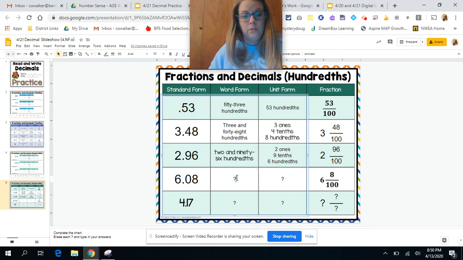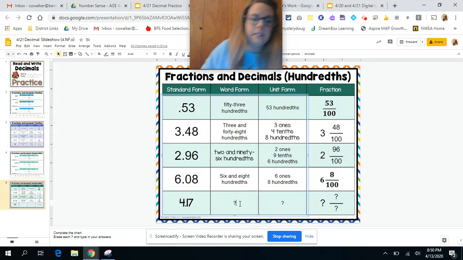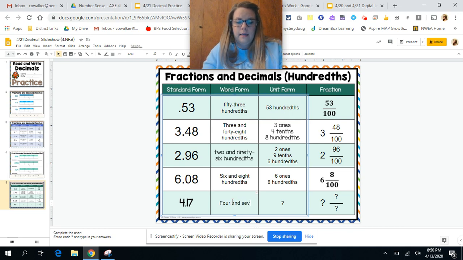The word form should be very similar. So it should be 6 and 8 hundredths. Ooh, I can't spell today. And then the unit form should be 6 ones, 8 hundredths. Okay, this one says 4 and 17 hundredths. So the word form should be 4 and 17 hundredths.